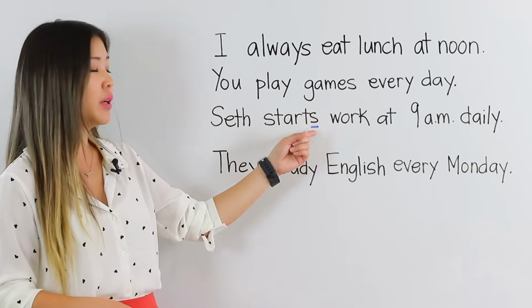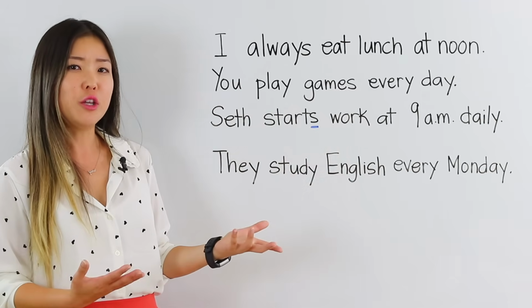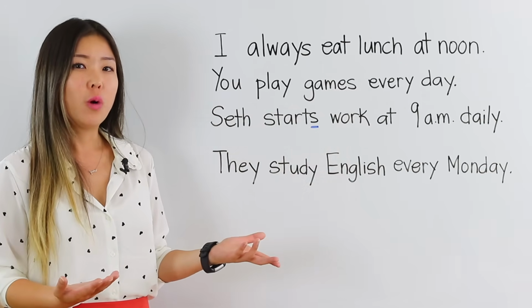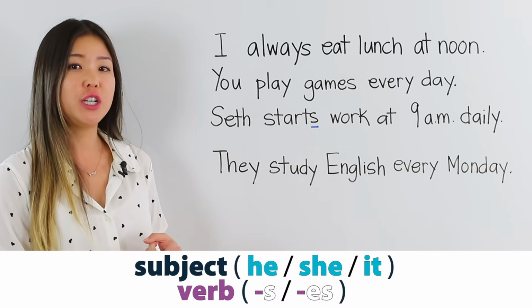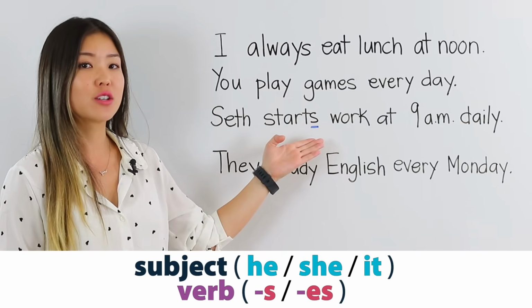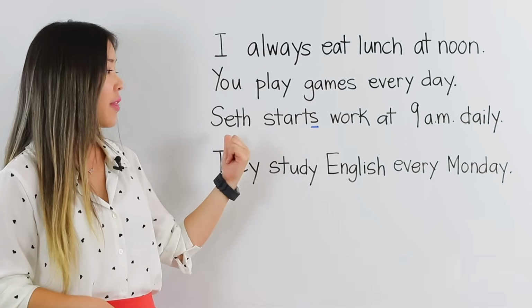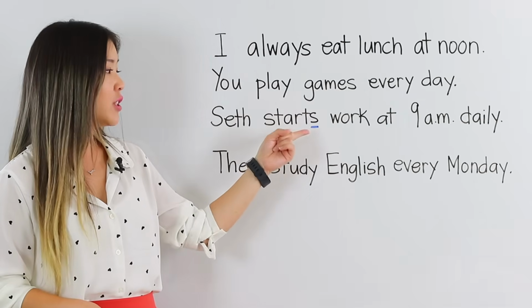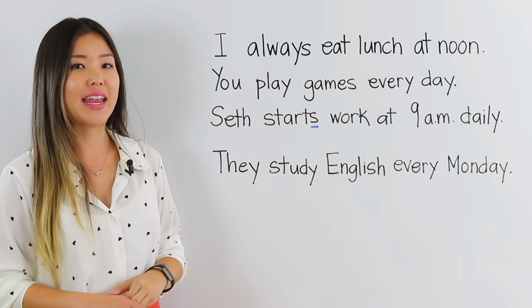Now you'll notice I put a blue line under the S in starts. Can you figure out why? Well, remember that when the subject of a sentence is he, she, or it, we need to add an S or ES to the end of the verb in the present simple tense. Seth is a he, so we need to add an S. Seth starts work at 9 a.m. daily.